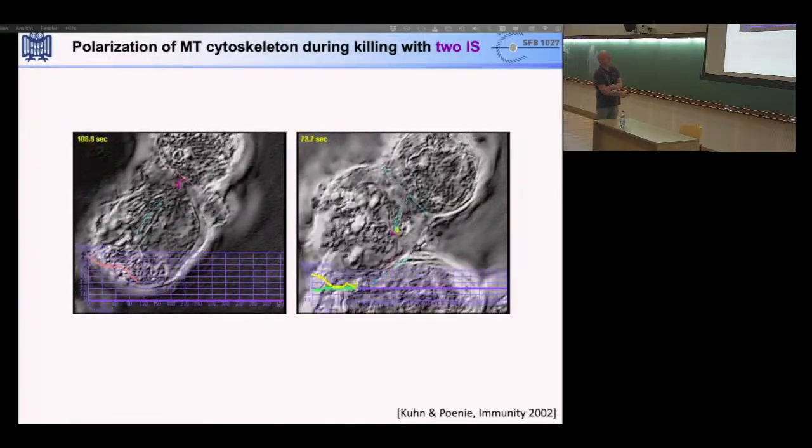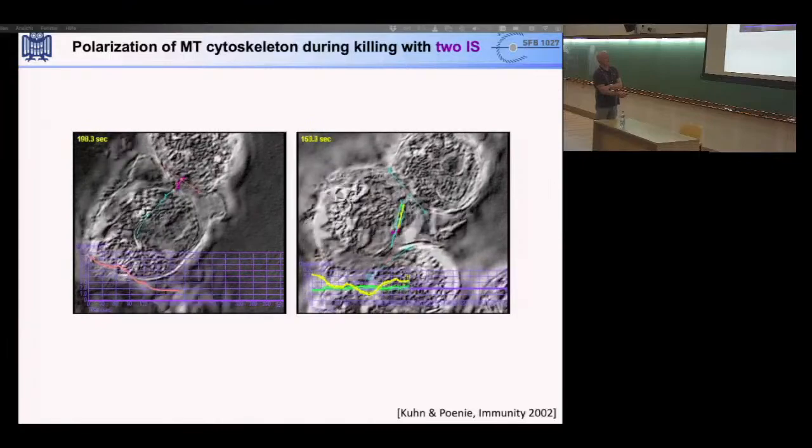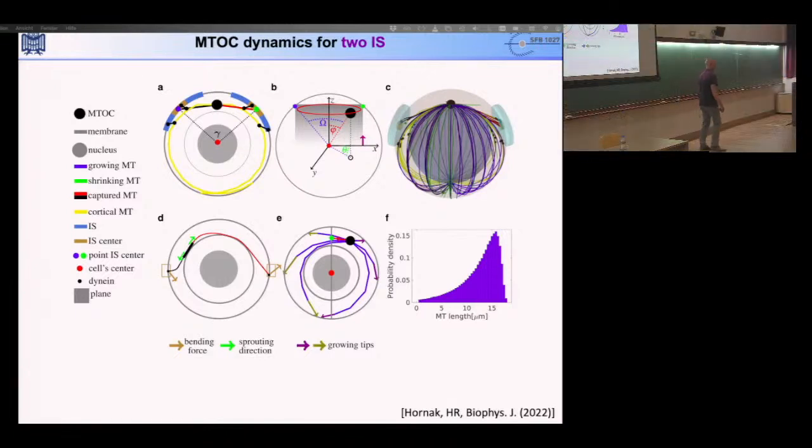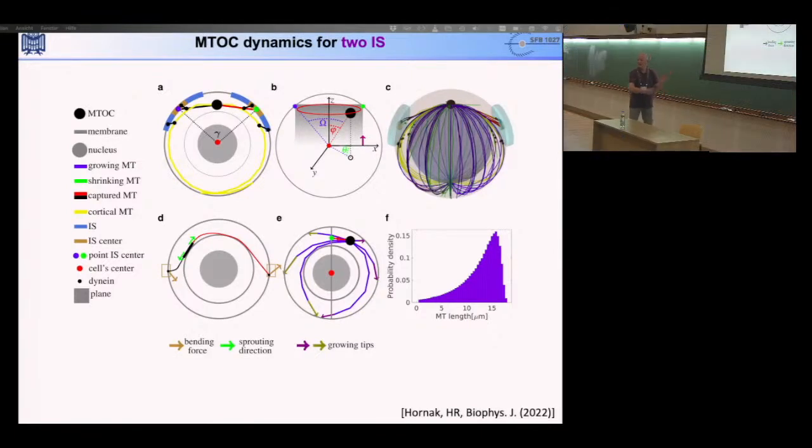Briefly, what happens when you apply this model to a situation where you have two synapses? You have to modify the model slightly and also include dynamic microtubules growing and shrinking, because when the process takes a bit longer, of course, new microtubules have to grow, since those which performed the capture shrinkage mechanism depolymerize and are gone. That does not happen, and they stay away, if you do not include it in the model.